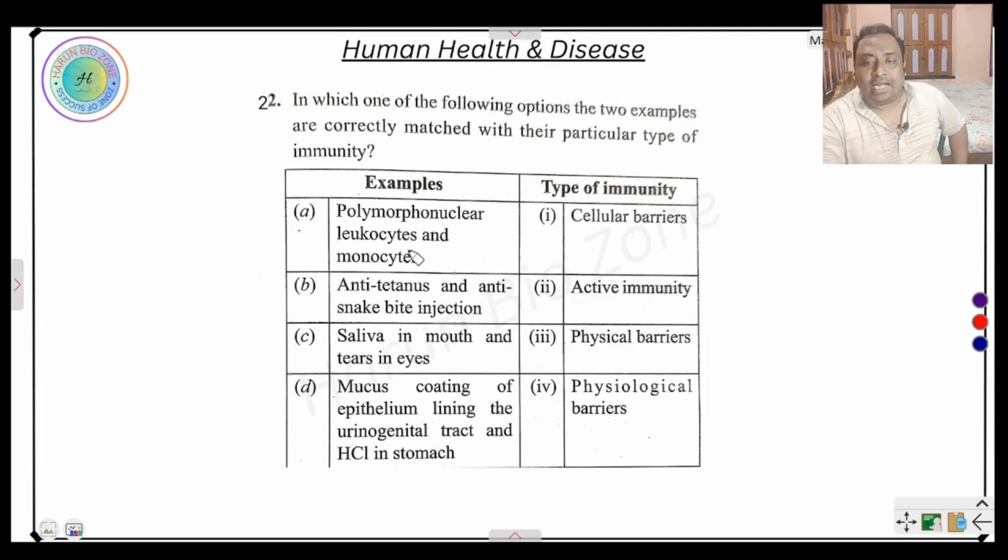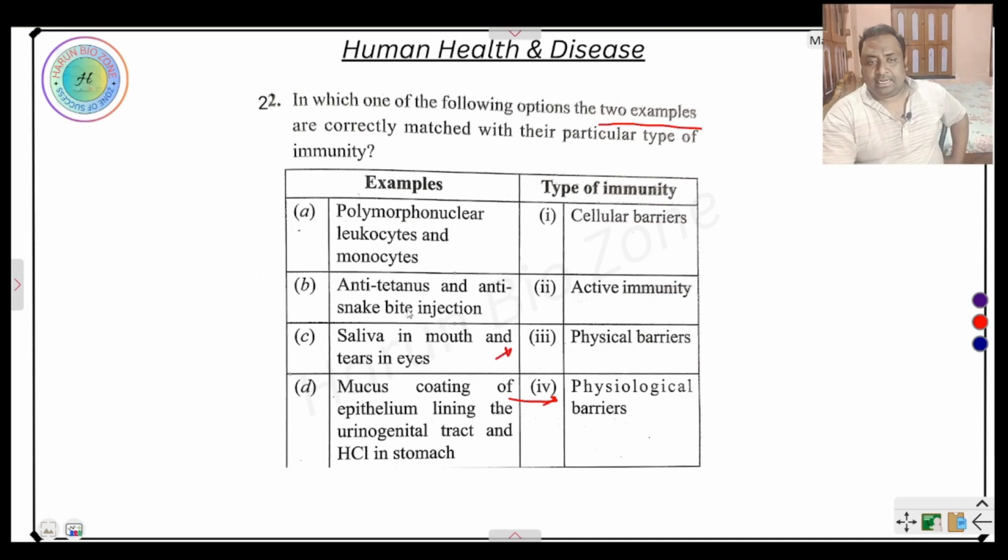Polymorphonuclear leukocyte and monocyte, cellular barriers; anti-tetanus and anti-snake bite injection; saliva in mouth and tears in eyes, physical; and mucus-containing epithelium lining the urinogenital tract and HCl in stomach. So here this option is a physiological barrier, this is the correct answer. Saliva in mouth and tears in eyes as a physical barrier is false.